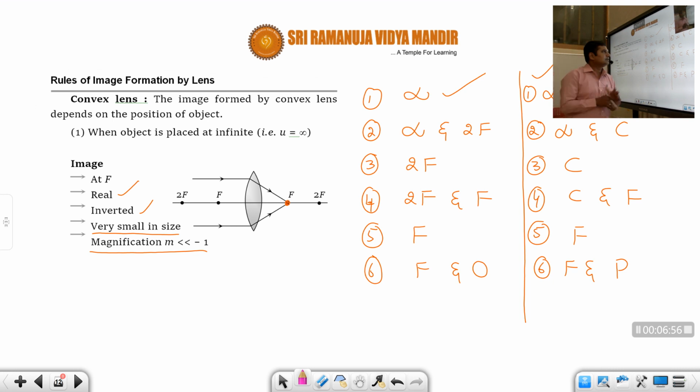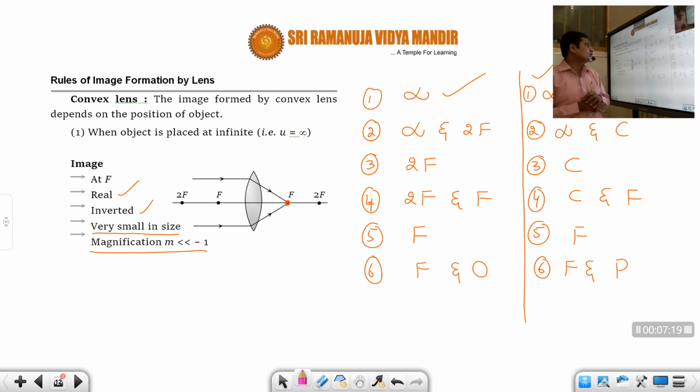Now let us see the 6 cases for the positions of the object, students. Number 1, when the object is placed at infinity. Number 2, when the object is placed anywhere between infinity and 2f, that is, 2 times the focal length. Third, when the object is placed exactly at 2f.